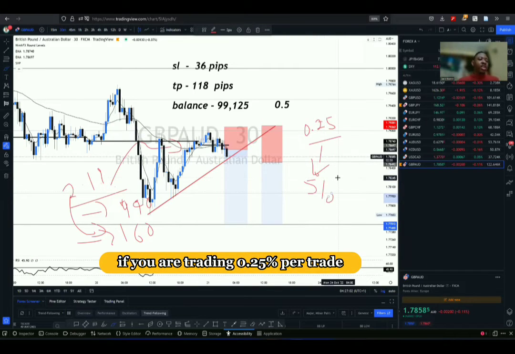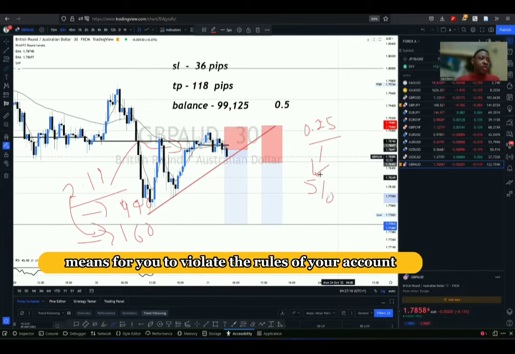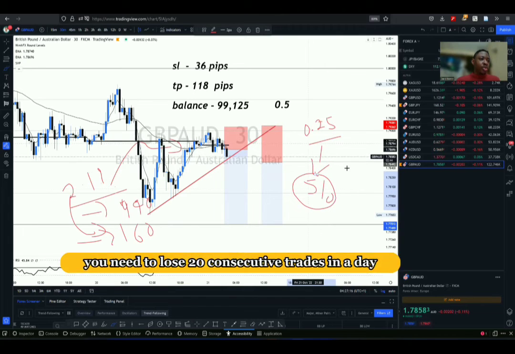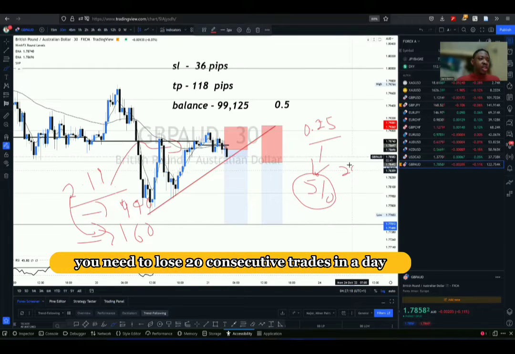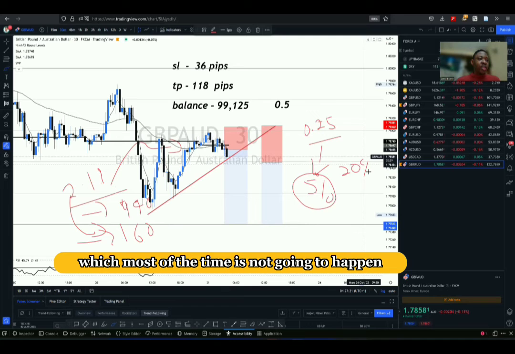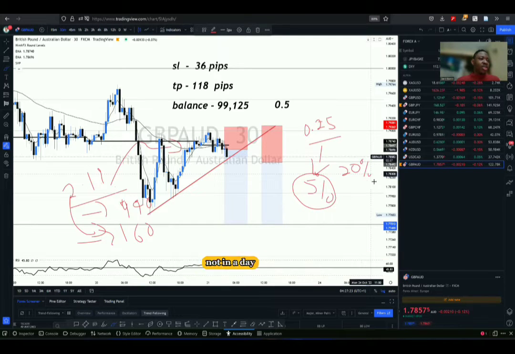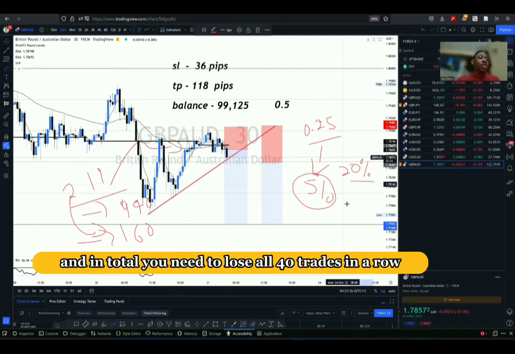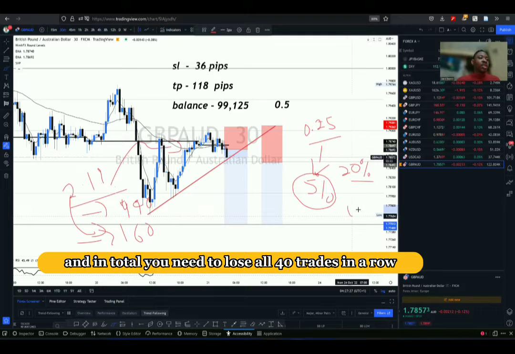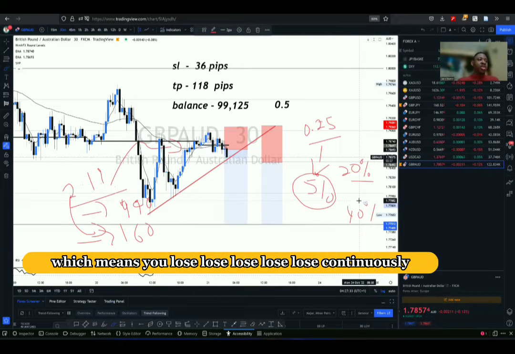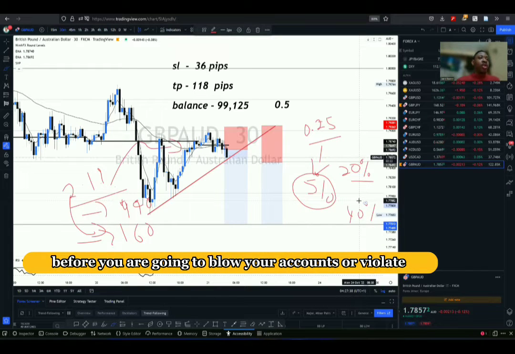If you are trading 0.25% per trade, it means for you to violate the rules of your account, you need to lose 20 consecutive trades in a day, which most of the time is not going to happen. And in total, you need to lose 40 trades in a row, which means you lose continuously 40 times before you are going to blow your account or violate it.